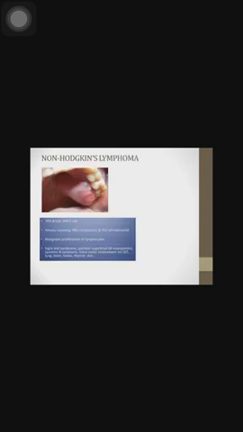Non-Hodgkin lymphoma. This is 70% B cells and 30% T cells. Viruses include EBV, herpes virus 8, and HIV, all of which are implicated here. It is a malignant proliferation of lymphocytes. Signs and symptoms of non-Hodgkin lymphoma include painless superficial lymph node enlargement, systemic B symptoms, and extranodal involvement, including GIT, lung, brain, testes, thyroid, and skin.